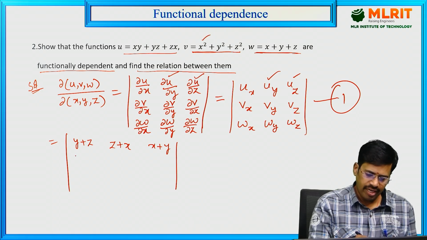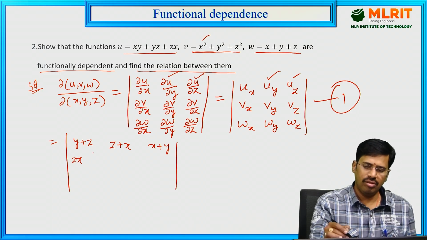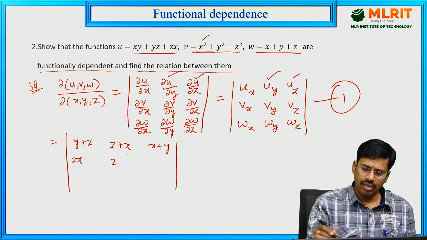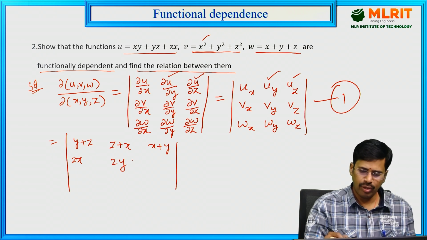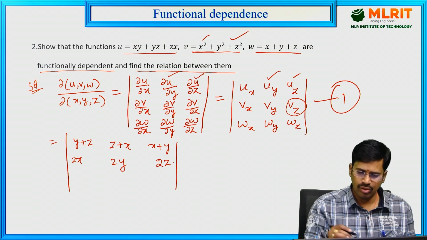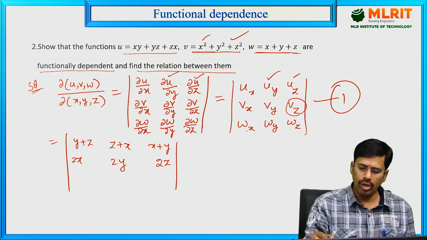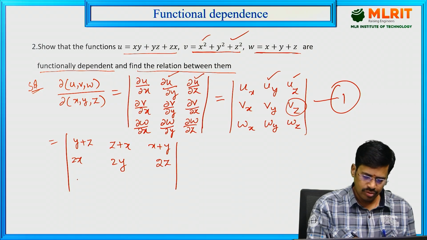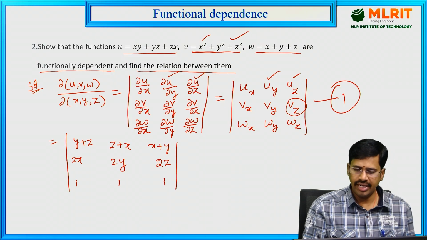So x square derivative 2x, next plus y square is 0, z square is 0. So we get dou v by dou y, with respect to y derivative 2y, dou v by dou z, if you differentiate this with respect to z, we get 2z. Next dou w by dou x, w is given as x plus y plus z. So x derivative 1, here y derivative 1, z derivative 1.